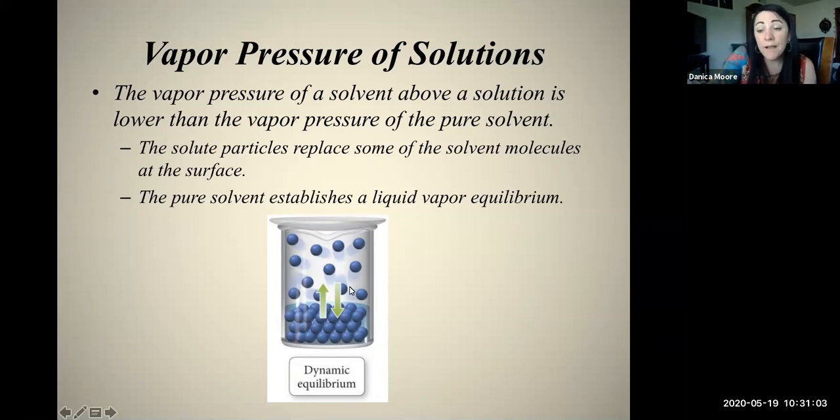Cool. And the process of making a solution is going to disrupt the vapor-liquid equilibrium that exists. You remember we were talking about this equilibrium where the rate of vaporization and condensation are equal.